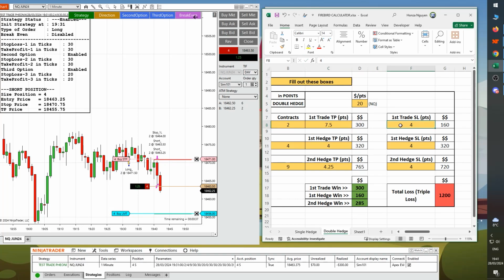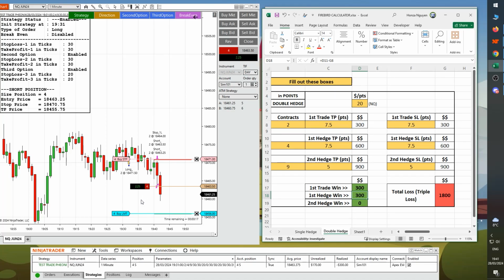Seven point five. So yeah, you get minus 300, right? And now we're shooting for this second hedge win of the 300.